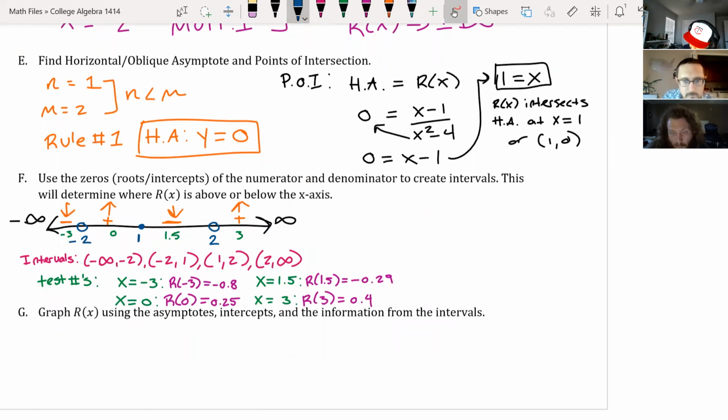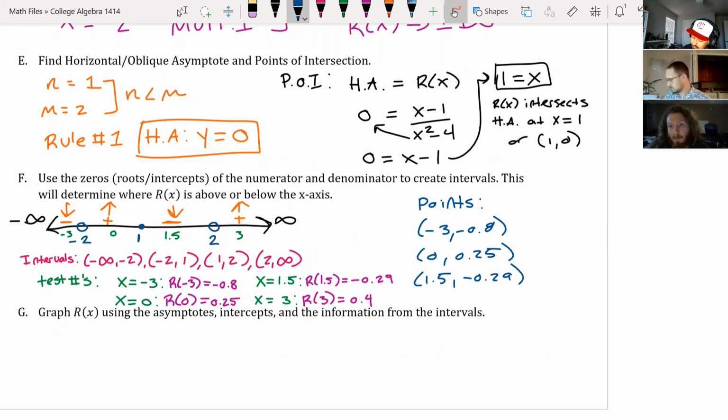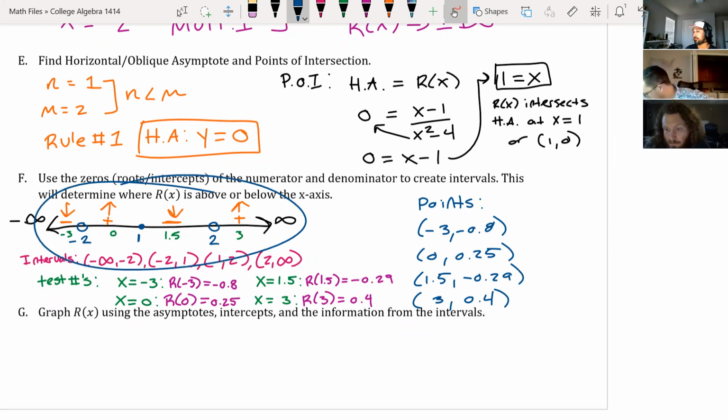Our points are going to be -3 and -0.8, 0 and 0.25, 1.5 and -0.9, 3 and 0.4. Which means we can now move on to step G and plot these points and then graph the function using this sign chart.